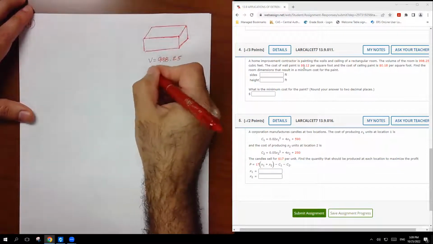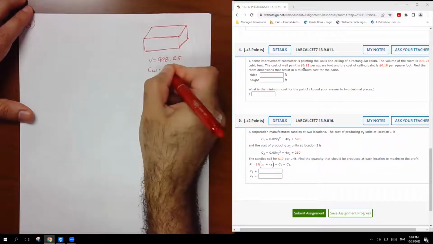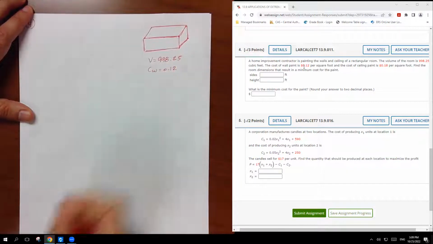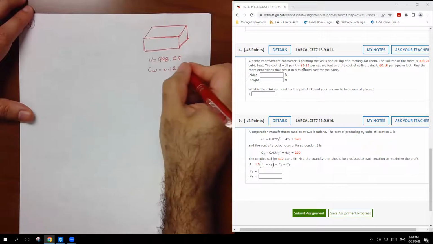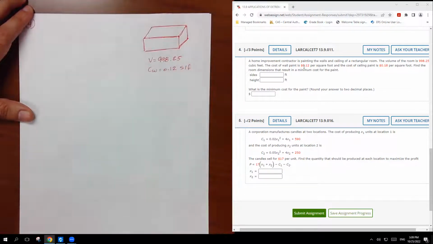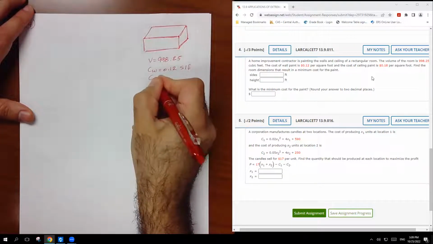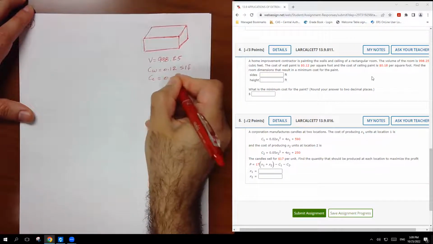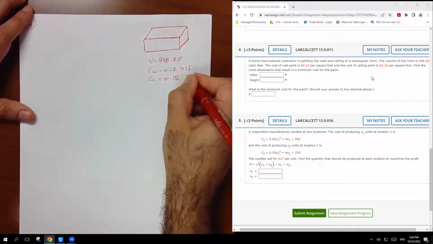The cost of wall paint is 0.12 per square foot, and the cost of ceiling paint is 0.18 per square foot.